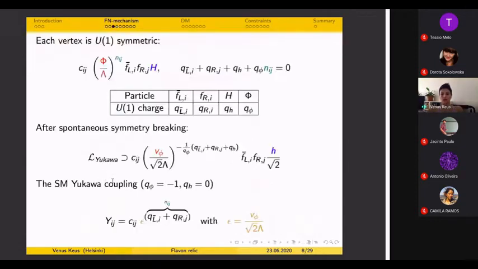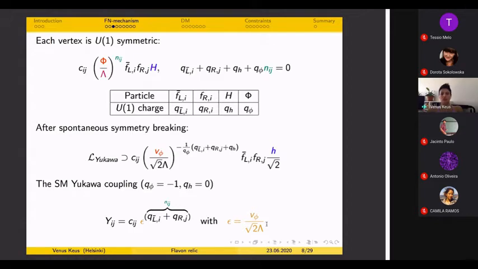It's the VEV divided by the scale of new physics, and you could say, okay, I take epsilon to be 0.1. In the original paper by Froggatt and Nielsen, it was taken to be 0.2, with which they described the CKM matrix texture.